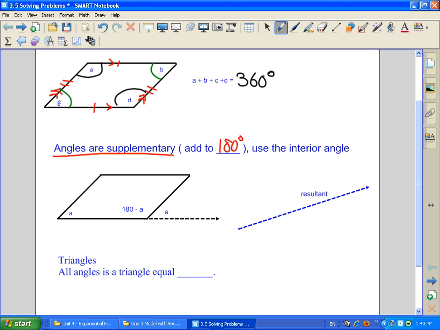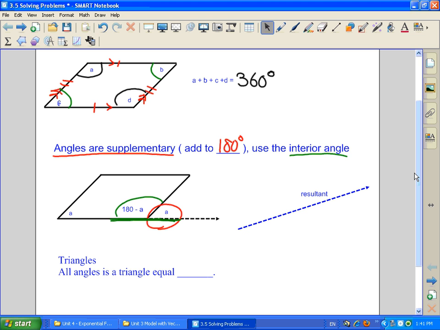Sometimes you may have an angle out here that is not part of our area where we need to solve. However, if we know that this is a straight line, we could solve the interior angle by taking 180 degrees, which is the straight line, and subtracting the angle value we know. So that's called a supplementary angle to find the interior angle.